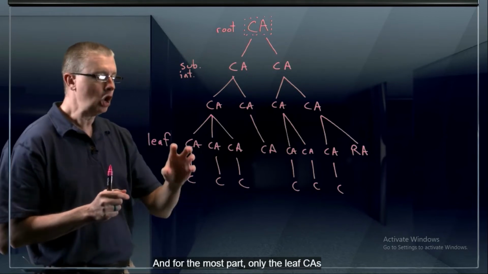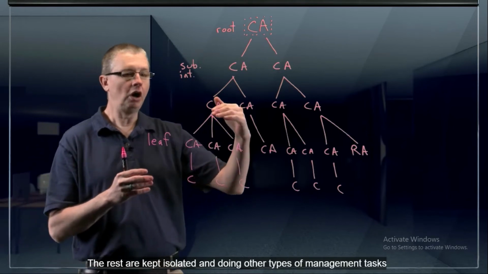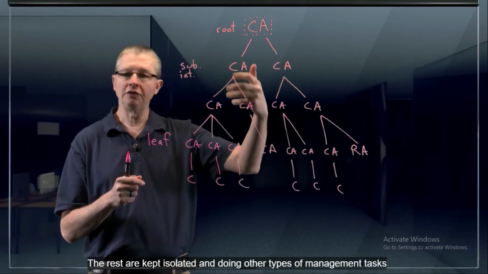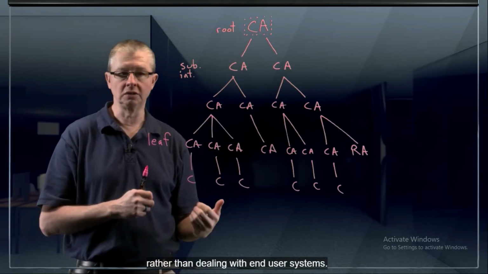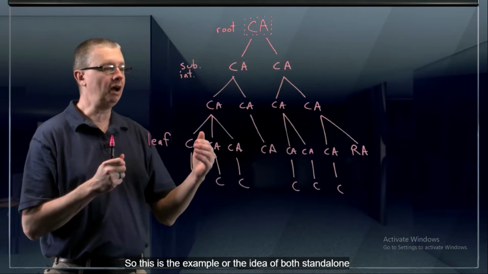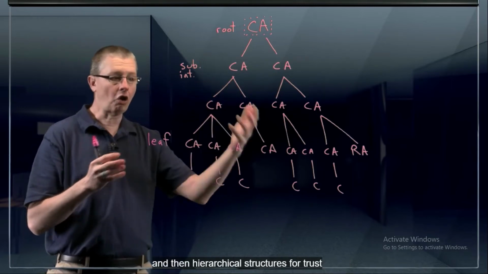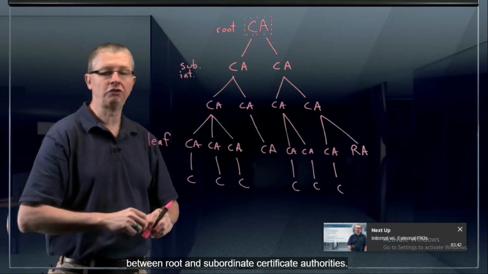And for the most part, only the leaf CAs talk with end customers. The rest are kept isolated, doing other types of management tasks or establishing this trust structure rather than dealing with end user systems. So this is the example or the idea of both standalone and hierarchical structures for trust between root and subordinate certificate authorities.